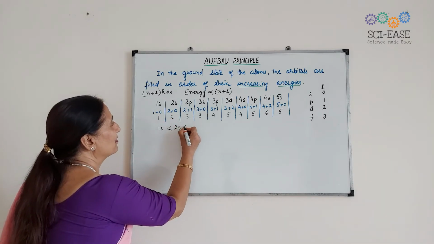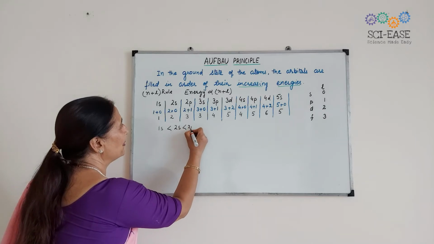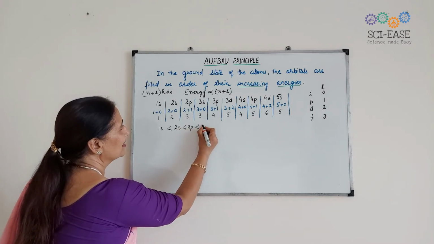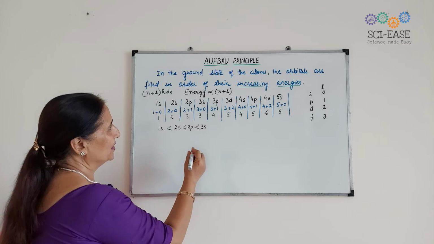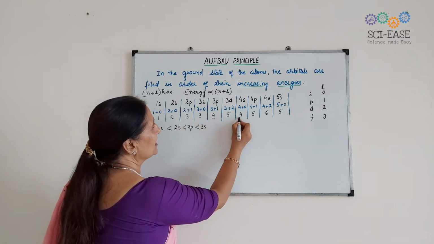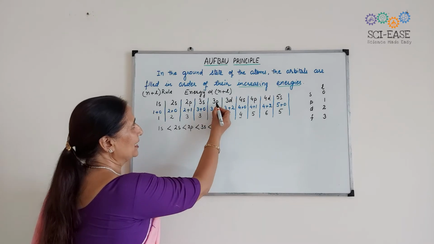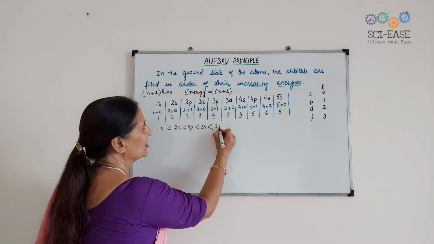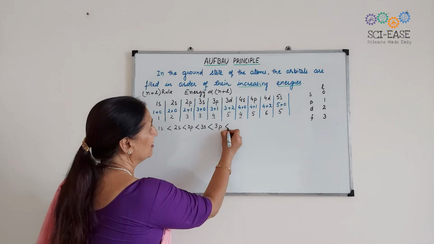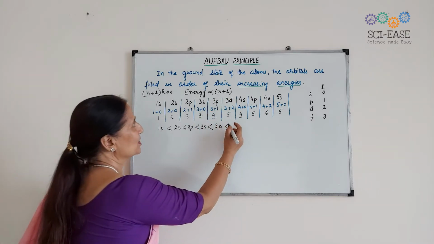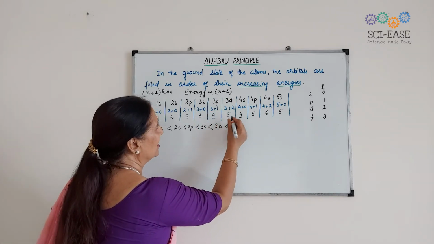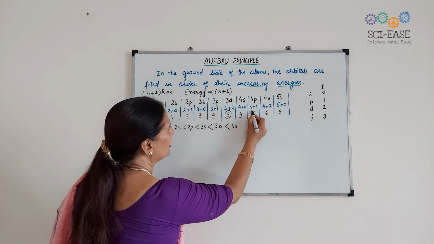So here we will write 2p. Then comes 3s. Now 4 for this and this. Now which is having the lesser value of n? 3p. So next is not 3d, it is 4s. Now again 5 for these two.